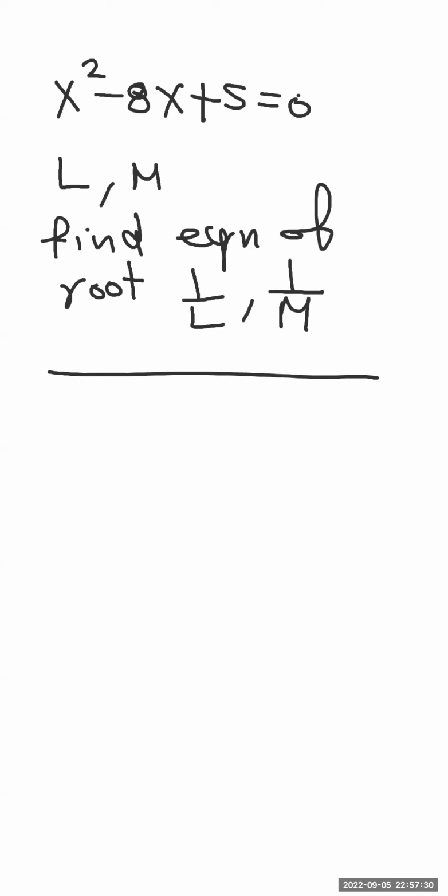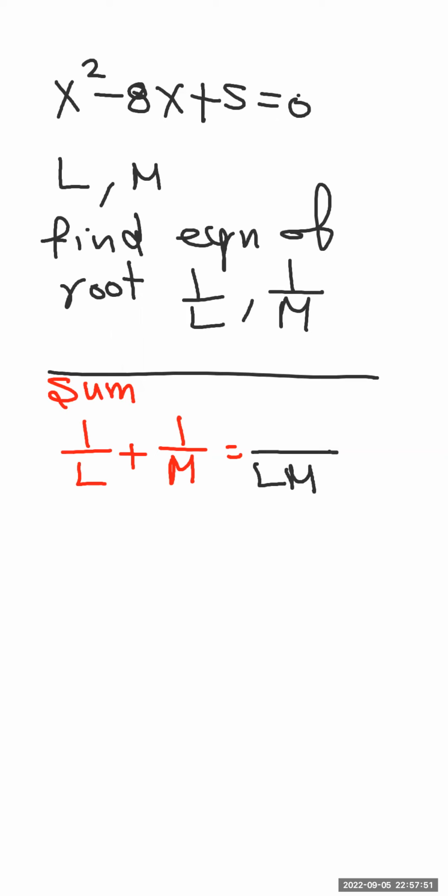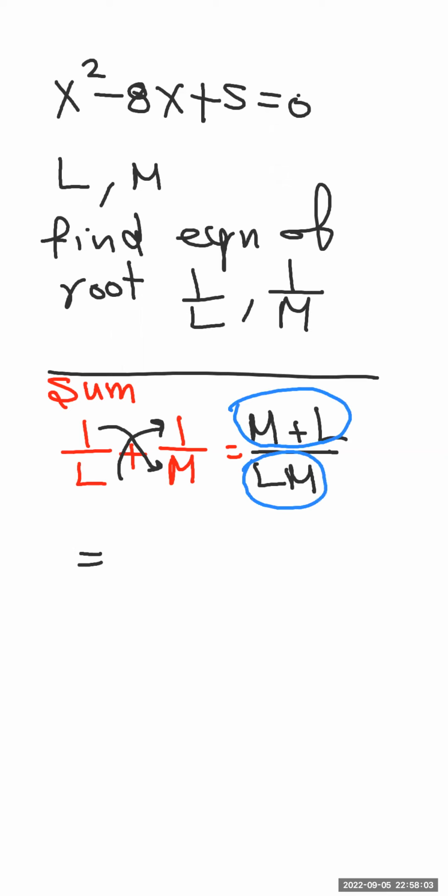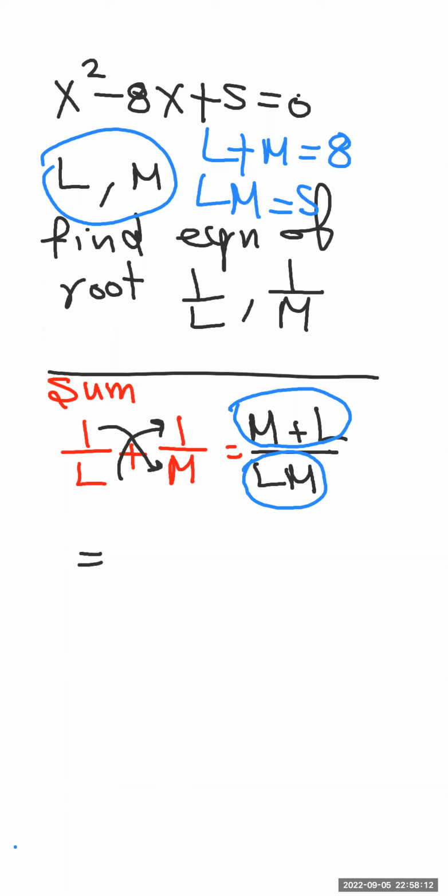So now I want to get the equation with these new roots, 1 over L and 1 over M. So now, guys, 1 over L plus 1 over M, which is the sum, will equal, as I told you, just multiply the two denominators, then use cross multiplication, M plus L. So it will equal the sum over product.